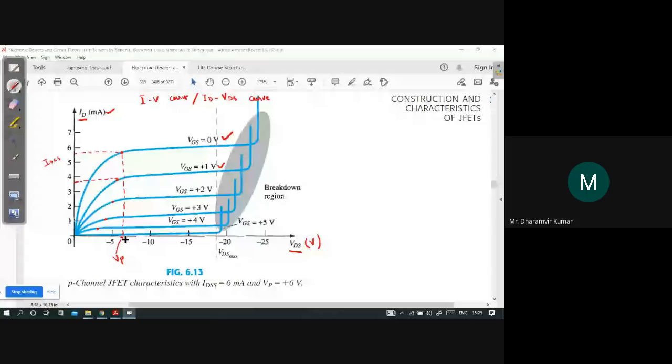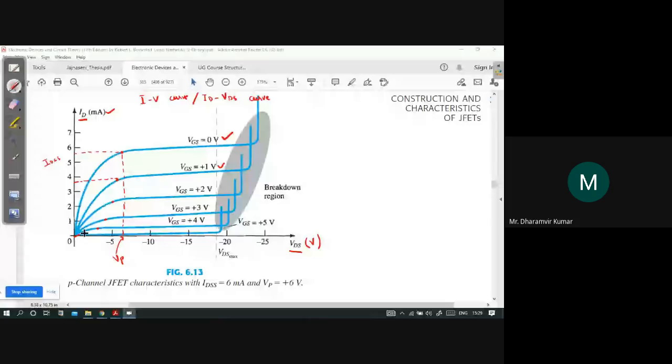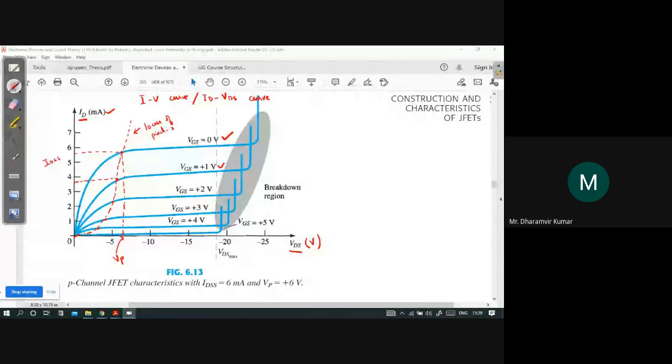And the curve for the locus of all these pinch off voltages, the connection of these pinch off voltages, would look like this. Locus of pinch off voltages.